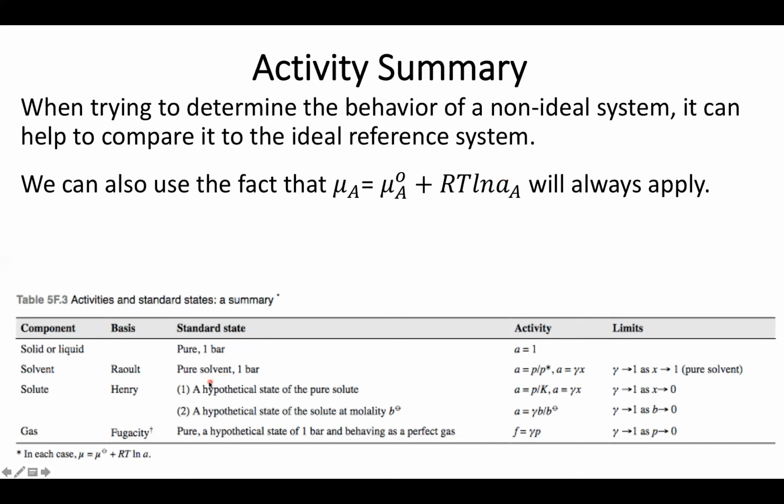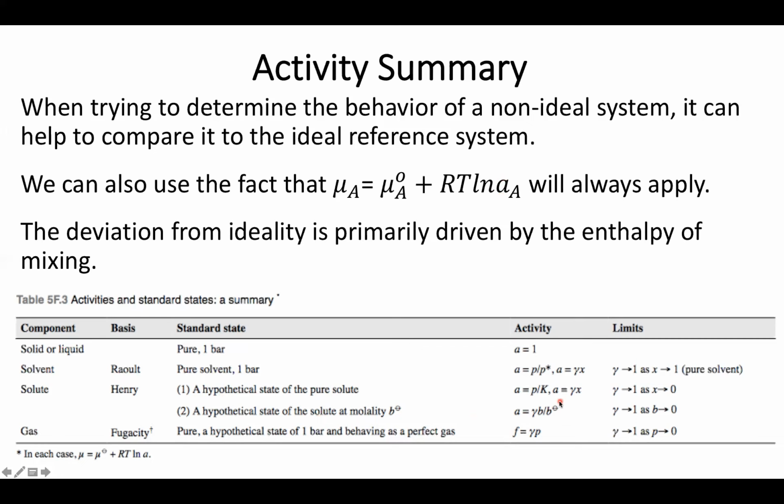It's essentially all kind of based around the Raoult's-like expression. What we can then do is essentially change our other conditions to get around the behavior of solute states, whether it's in a mole fraction or a molality ratio. However, almost always this deviation is going to be primarily driven by that enthalpy of mixing. Most systems behave relatively entropically consistently, but that enthalpic term is going to really drive positive or negative deviations.